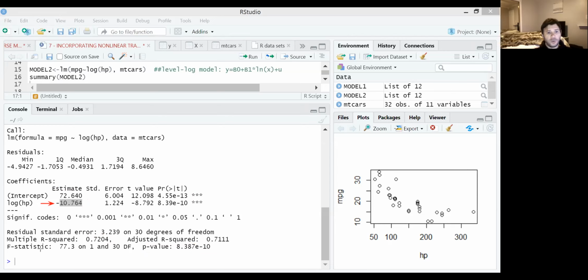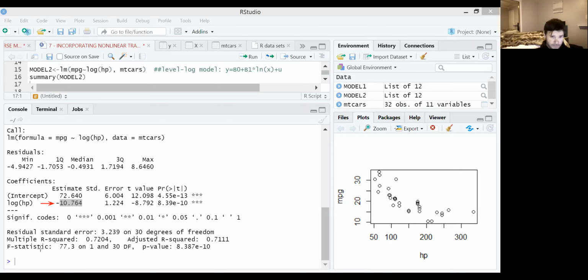So since we have the X variable, horsepower, logged, the way to interpret this is that a 1% increase in horsepower will reduce the miles per gallon by 0.1764 units.